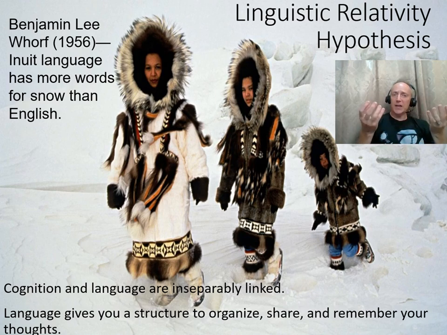The Inuit language has many more words for snow than English does, which means that they have a more nuanced way of being able to think about snow because they have more words for it. So they will have a word for wet snow and drier snow and heavy snow and light snow. And the fact that you have a word for it affects how you can think about it.